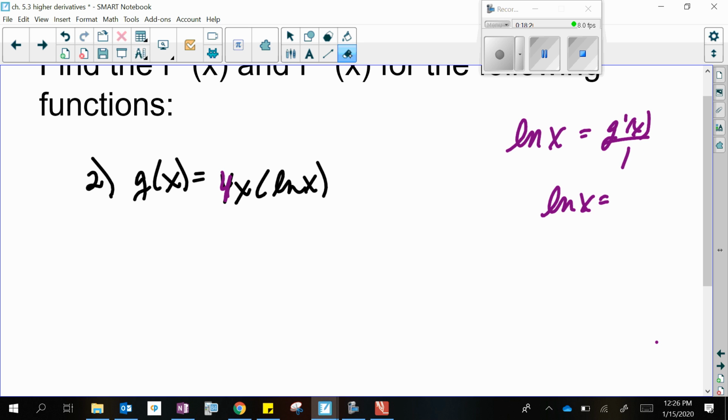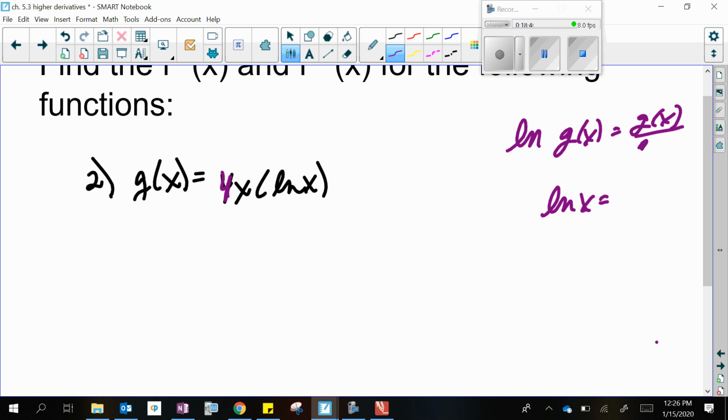Actually, nope, you're right, I wrote it wrong. So actually if it was g of x, it's the derivative of g of x on top and g of x on the bottom. So for ln of x, it's actually just 1 over x.